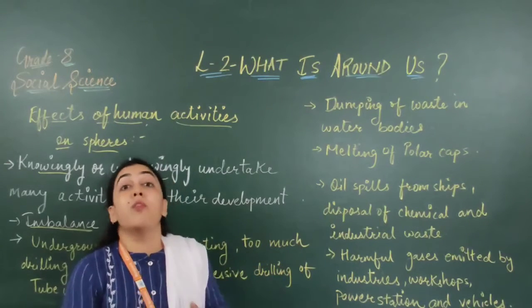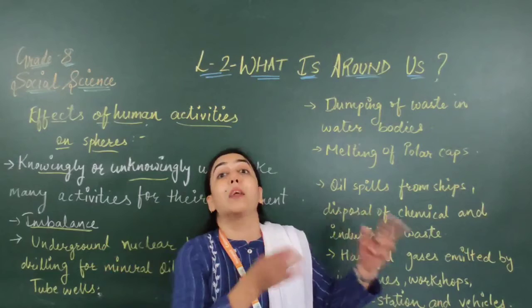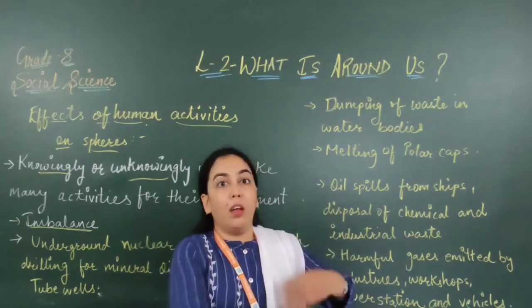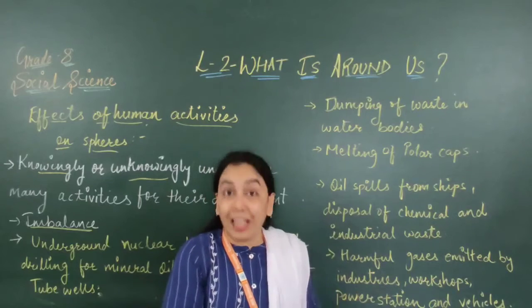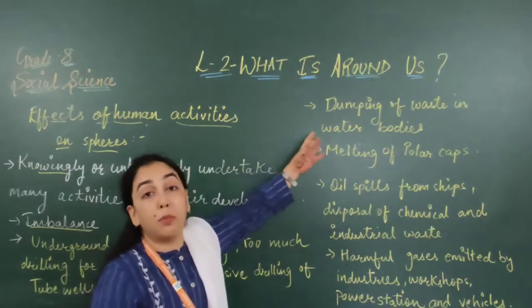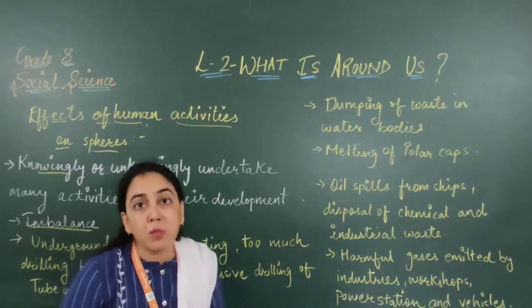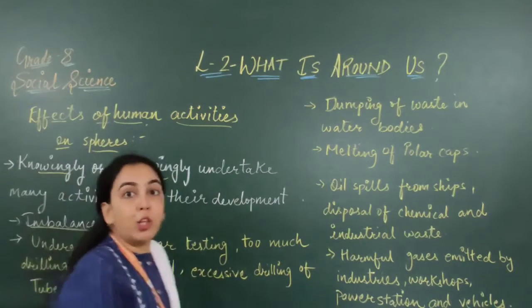They will get ill. If not a human being, but animals or birds use that water, they will also get ill, or they can also die. So that is why the dumping of waste is the major activity responsible for water pollution.